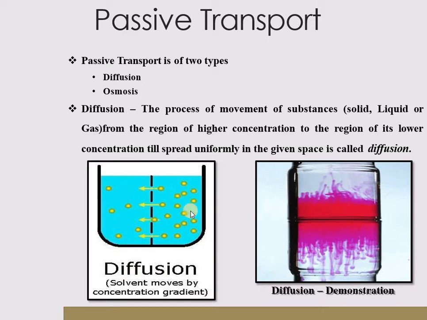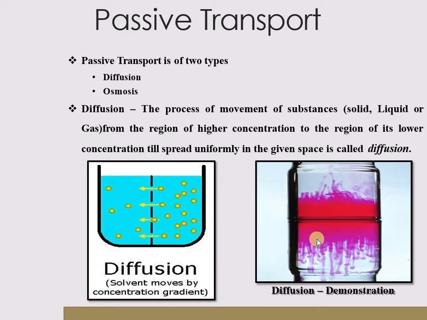From this picture it is very clear that the movement of substances is happening from a region of higher concentration. On the right hand side you can see the concentration is higher. It is shown in the form of molecules, and on the other side it is lower. So the movement happens from the right side to the left side.